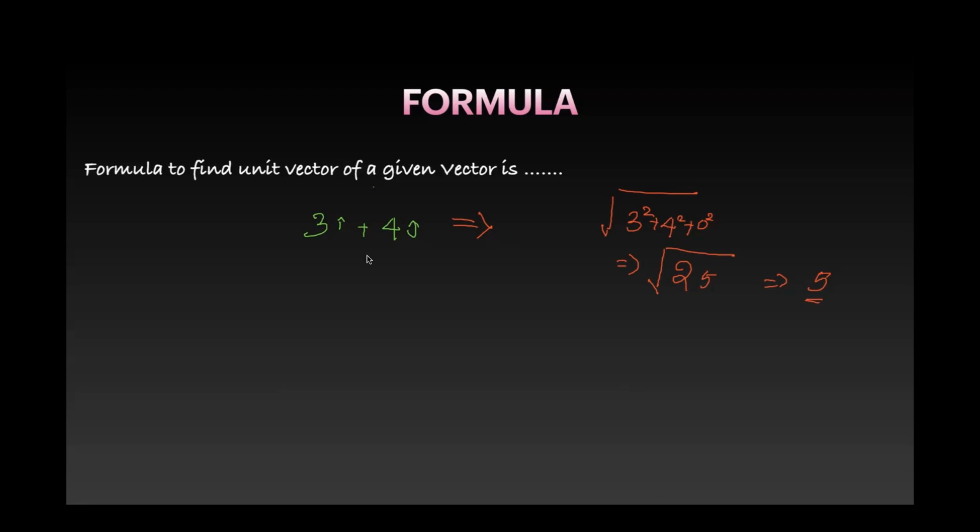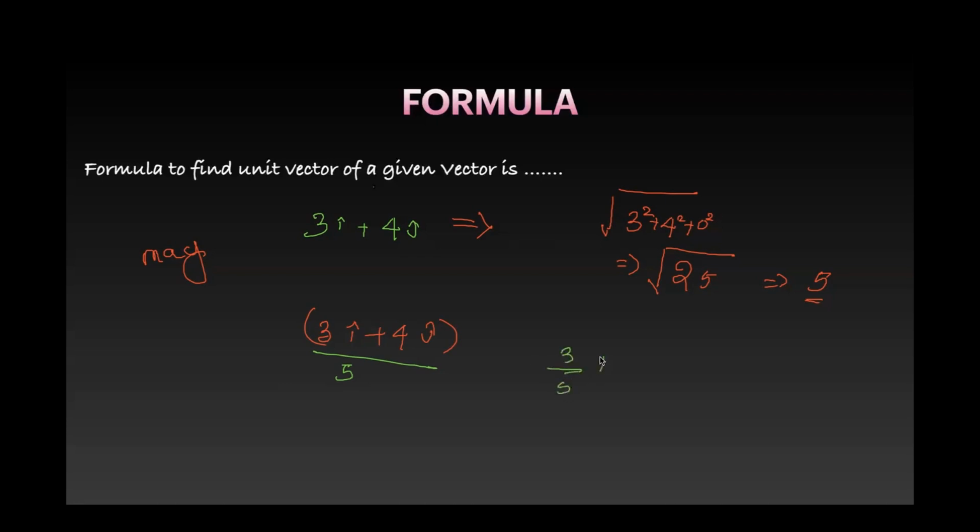What is the magnitude of a unit vector? 1. So, basically, you want the magnitude of the new vector to be 1. So, what if you just divide this given vector by its magnitude? What are you going to get?